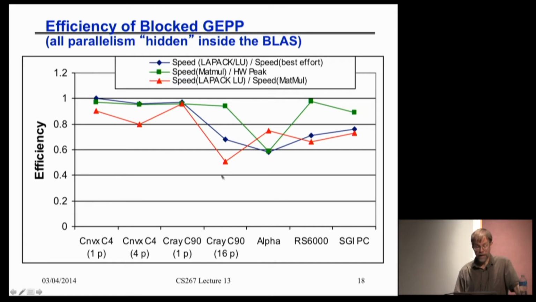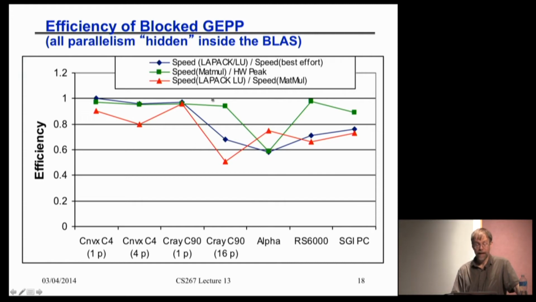Now, why did it drop dramatically from there to there? It's the same machine, actually. It's a Cray C90, except up here, it's 1 processor, and here, it's 16 processors. The trouble is that I can't keep 16 processors busy on these little matrix multiplies. So it's just the fact that the communication in the parallel matrix multiply is making me drop from 95% down to 50%. But otherwise, it looks good.